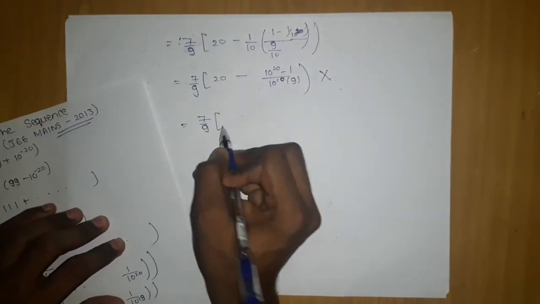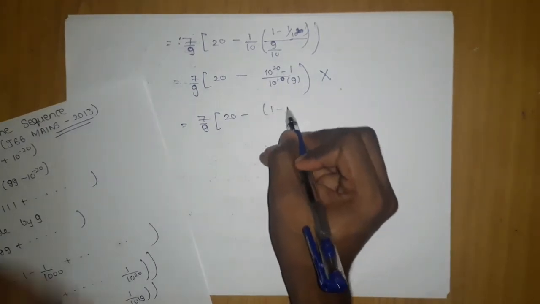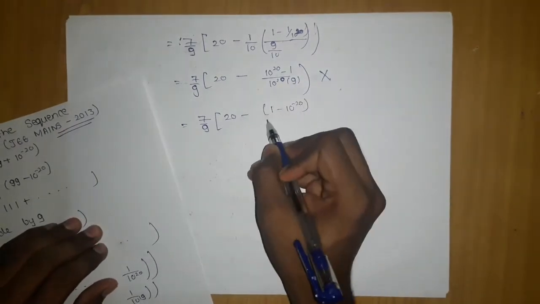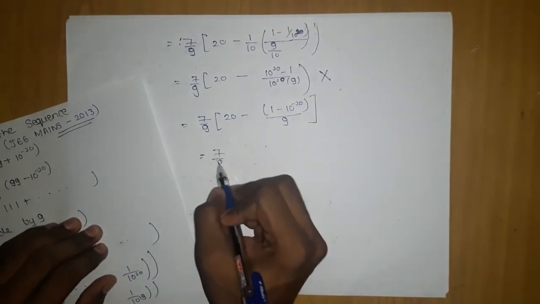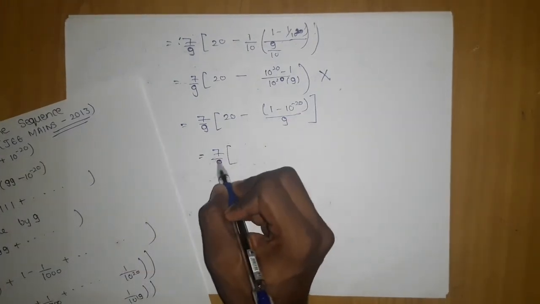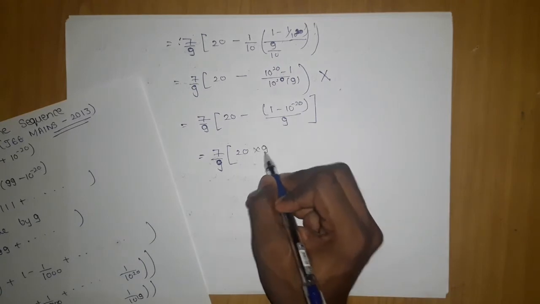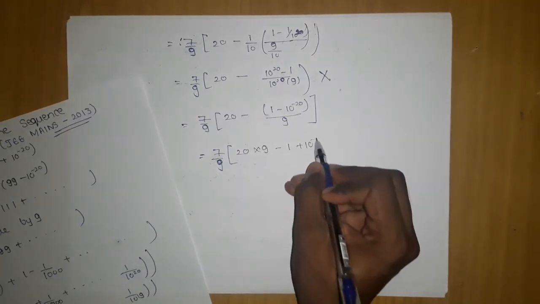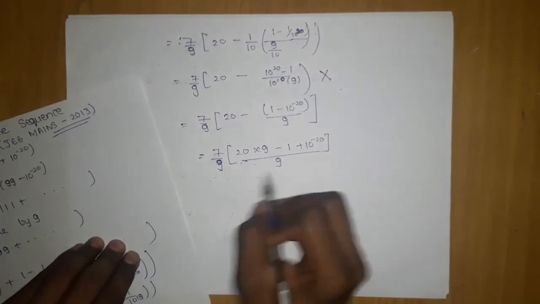7 by 9 20 minus, this would simplify, and here 1 minus 10 power minus 20, and here 9 is there. So 7 by 9, 20, this will multiply with 9 and this will open, and here 9 will be there in the denominator.